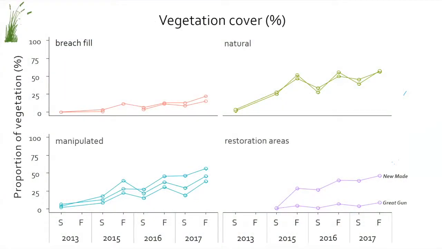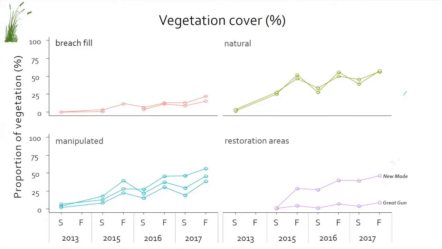Okay, so if we just look at the proportion of vegetation across those 4 habitat types, we see that there's annual increases. So along the x-axis you have the year, S is spring and F is fall, and proportion along the y-axis. And you can see each of the habitat types increased annually. And what you'll notice, which I think is really interesting, is that each line represents a site within that habitat type.